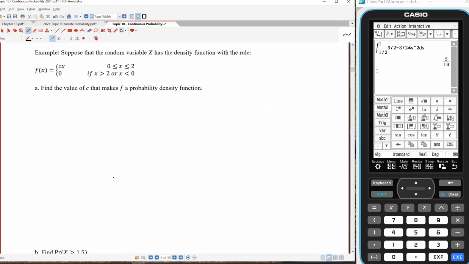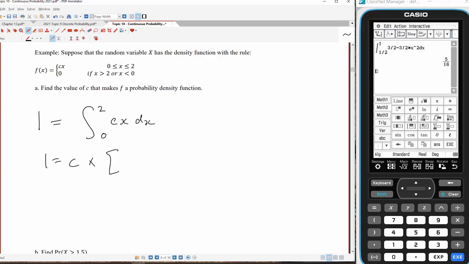Suppose that the random variable x has the density function with this rule. Find the value of c that makes it a probability density function. That means 1 needs to equal the integral between 2 and 0 of cx dx. When I integrate cx between 2 and 0, the area under the curve needs to be 1. So let's use this rule that allows me to take the c out.